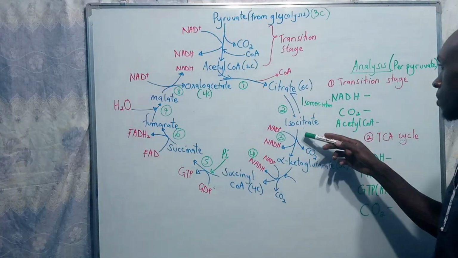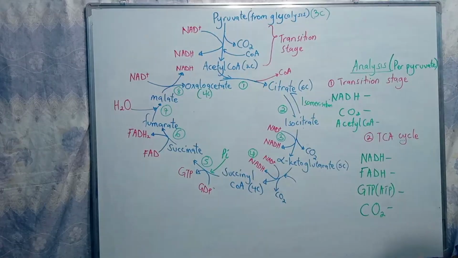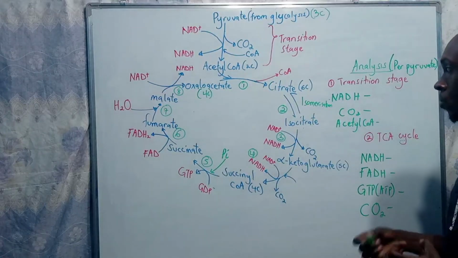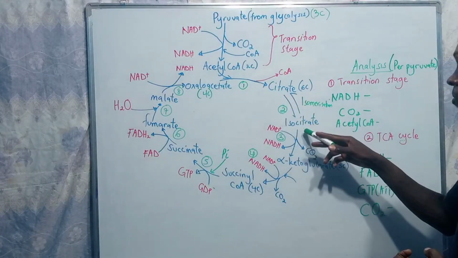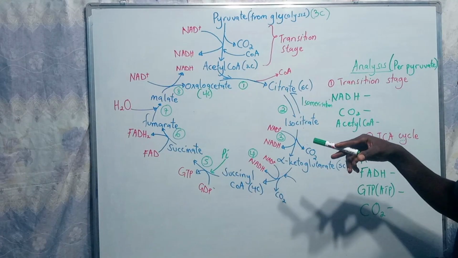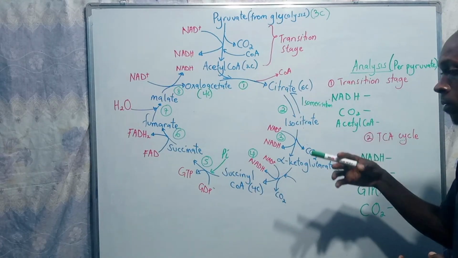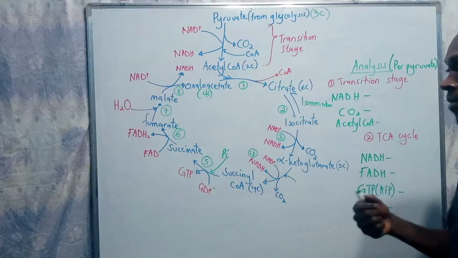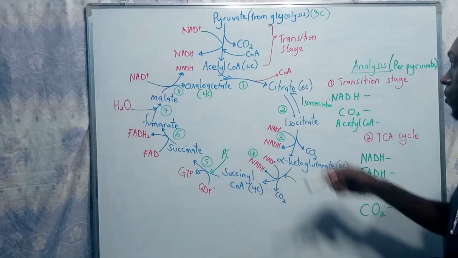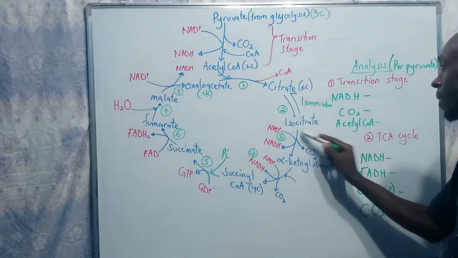After isomerization, you may be wondering, what is the purpose of the isomerization? When the structure changes from the citrate to isocitrate, the reactivity may change, or the stability may change, because the citrate is more stable than the isocitrate.